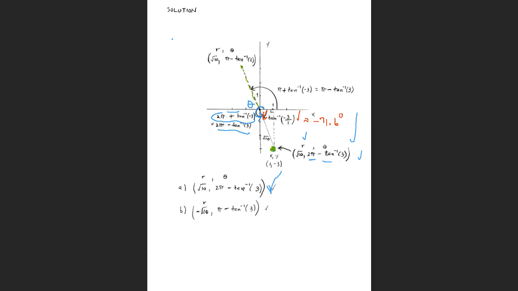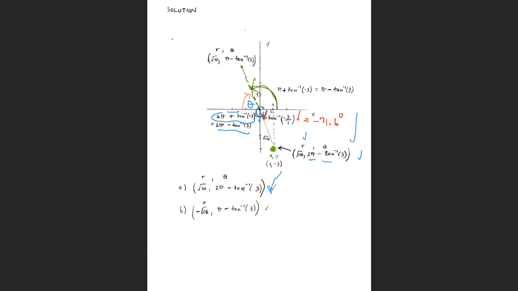So the radius, of course, is -√10, but what is this angle here? Well, that angle would be this angle here, which is the same as the angle opposite.